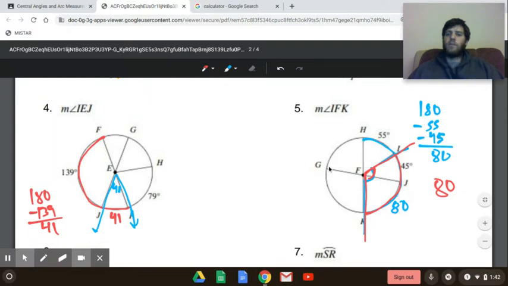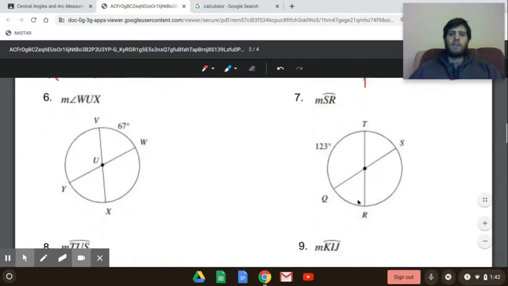And now for the measure of angle IFK, we need to find arc IK. So that's going to be 80 plus 45, which is 125. So this whole thing is 125, which means the angle inside is 125 as well. Central angle is equal to the measure of the arc.